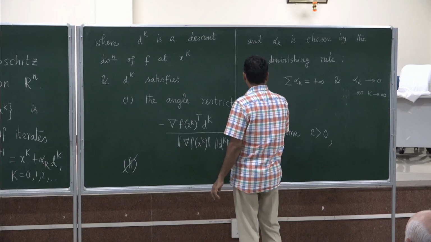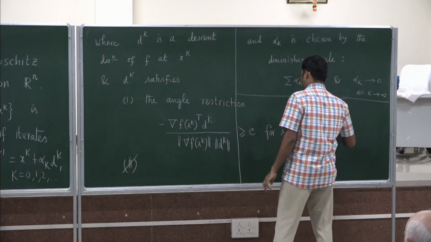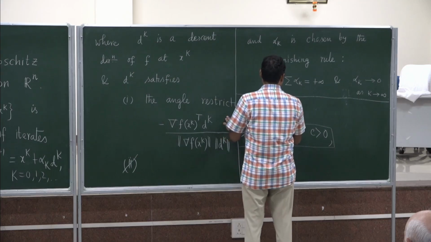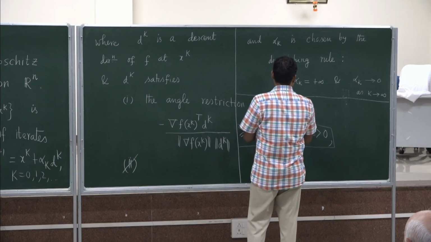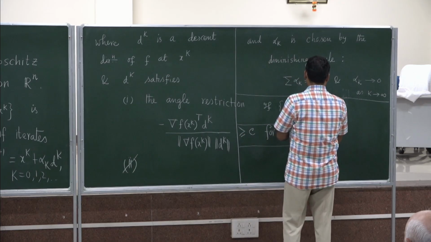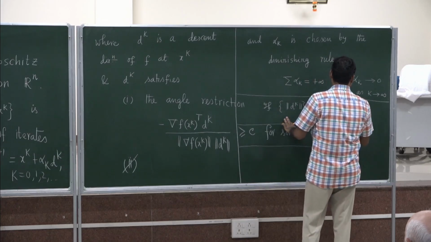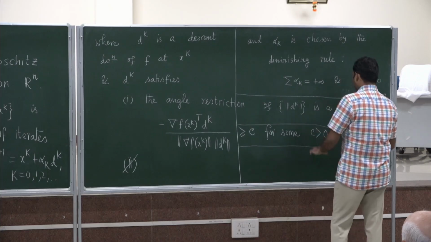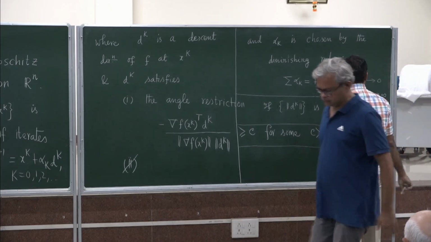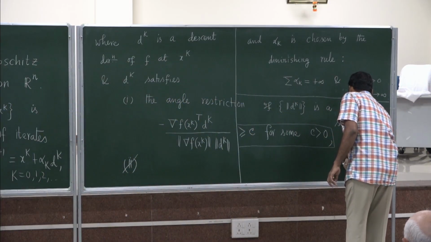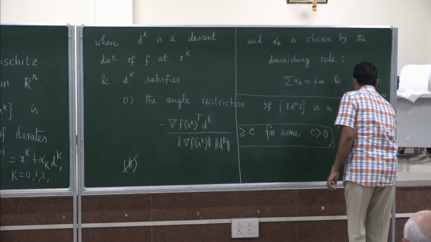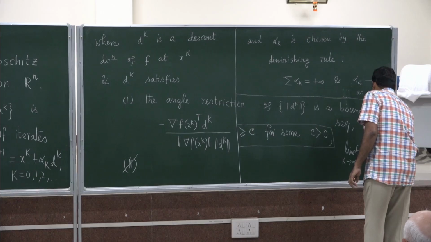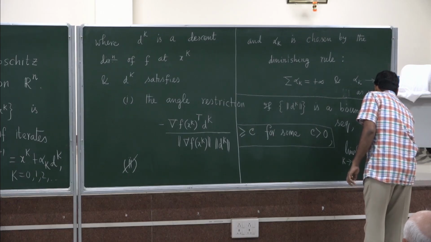Then we have the limit infimum, as k tends to infinity, of the norm of the gradient of f(x_k) must be equal to 0.